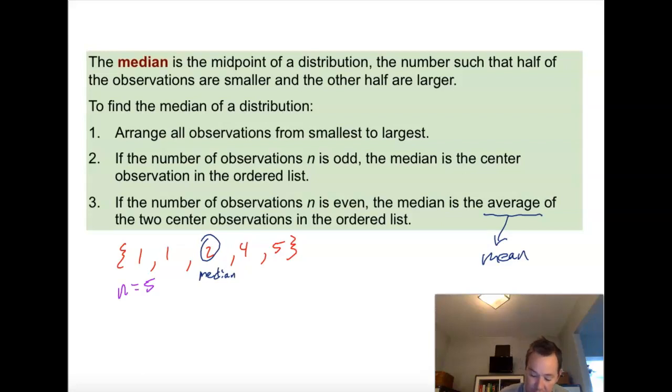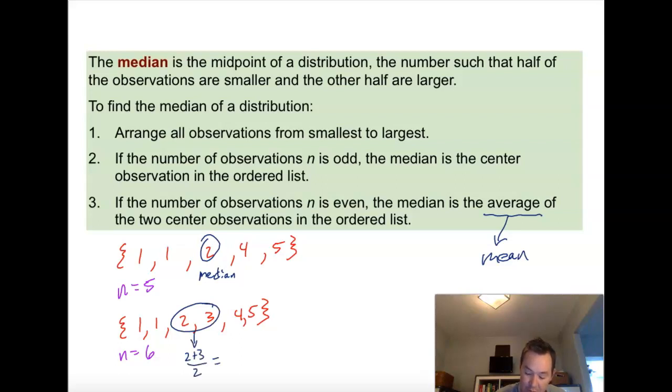All right, let's do another similar data set. 1, 1, 2, 3, 4, 5. Now the number of data in my data set is 6, so the median is going to be the average of those two.